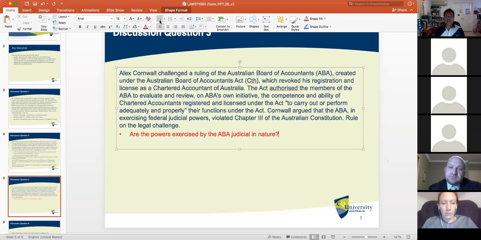Okay. So that brings us to the question of whether or not the power of the ABA to revoke the registration and license of a chartered accountant of Australia involves the exercise of judicial power. Should we go back to section 51 of the Constitution?